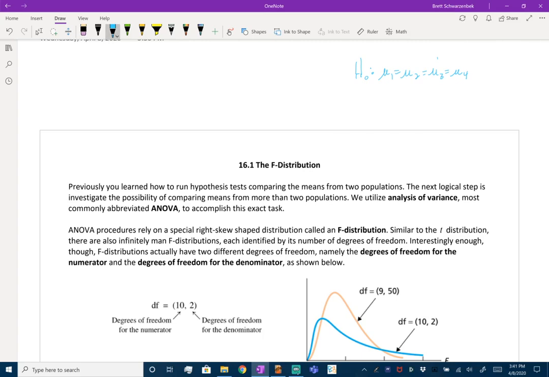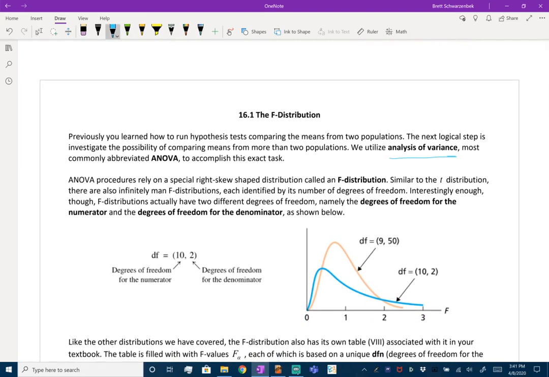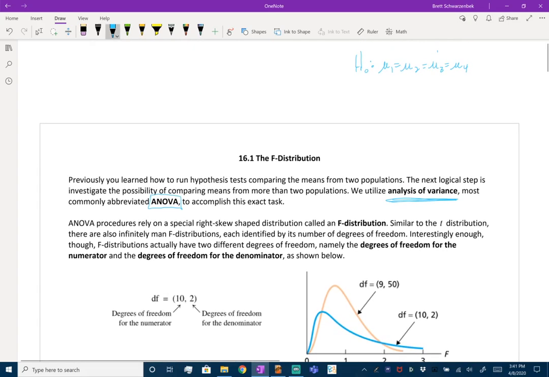So when we move to more than 2 population means in terms of wanting to compare them, we talk about what's called the analysis of variance, which is abbreviated ANOVA. It's a very popular statistical concept, and even more popular when you're doing data analysis, because a lot of times we want to compare the means for a lot of different populations, not just 2.